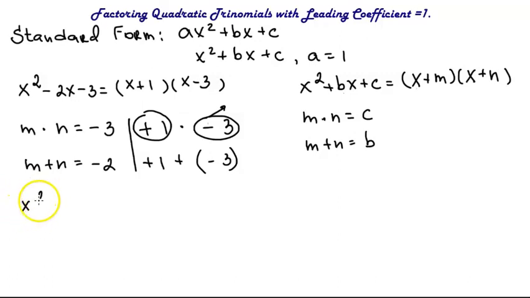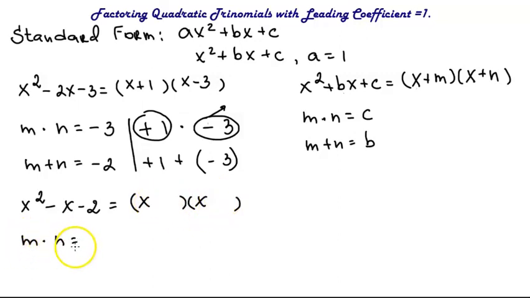Let's factor x squared minus x minus 2. The process is the same. That's a 2 by 2, with x and x in the first spot. Now I need to come up with those two numbers, and I know that the product of them is, again, my constant, which is -2, and the sum of them is the coefficient of x, which is -1.